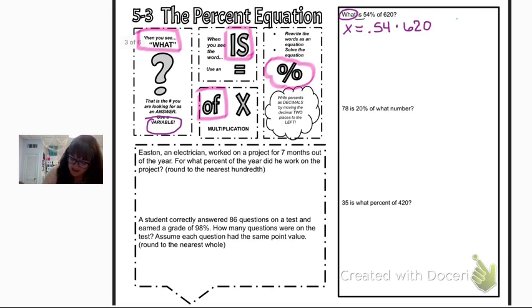So we'll just multiply 620 times 0.54. So 4 times 0 is 0, 4 times 2 is 8, 4 times 6 is 24, and then 0 over. Then we have 5 times 0 is 0, 5 times 2 is 10, 5 times 6 is 30, plus 1 is 31, and then we'll just add.